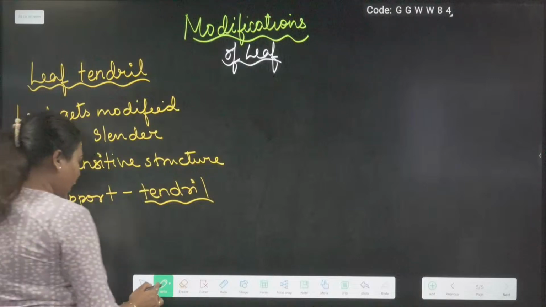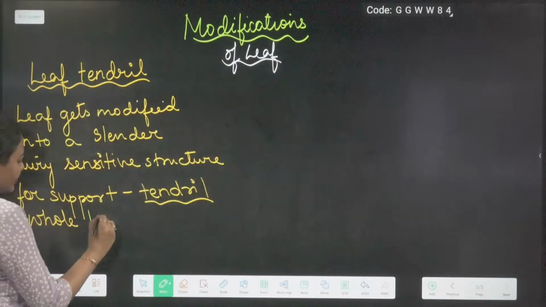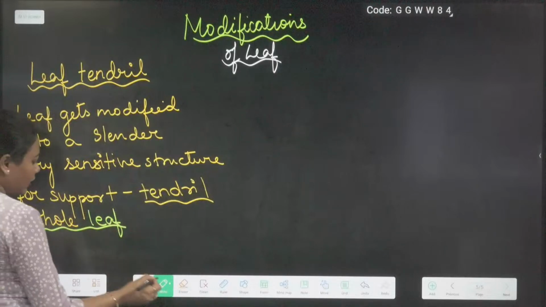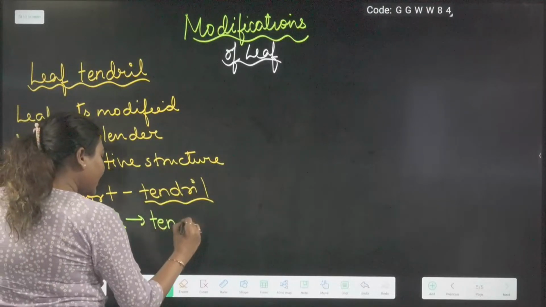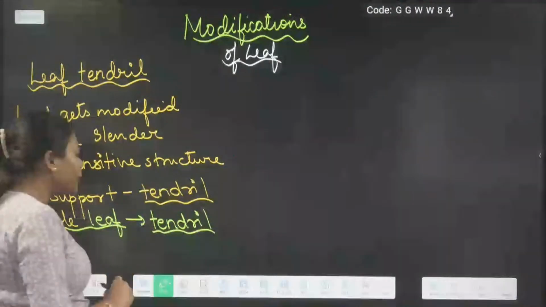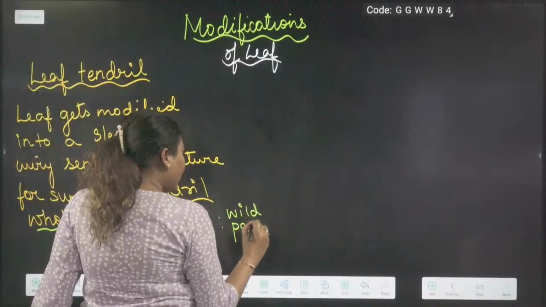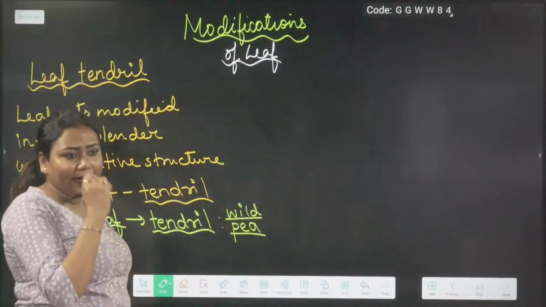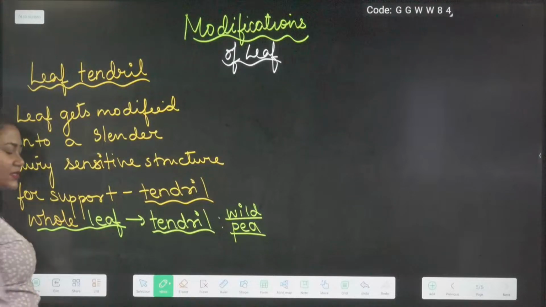Now, if the whole leaf is modified into a tendril, what is the example? Wild pea, Lathyrus sativus.